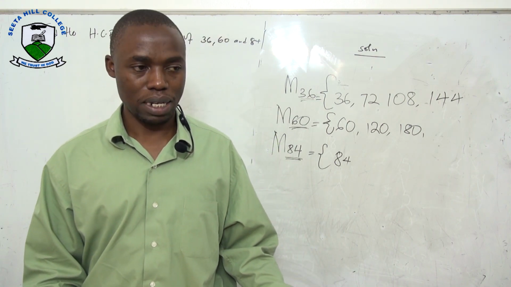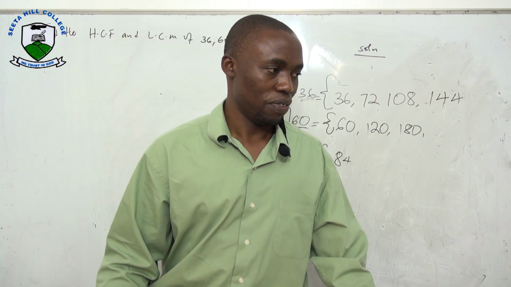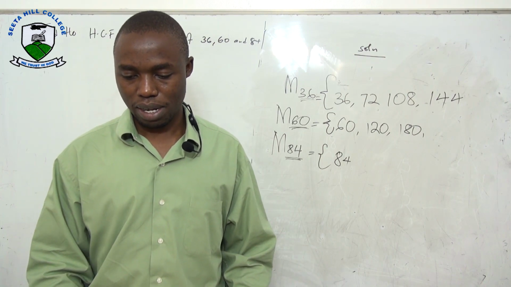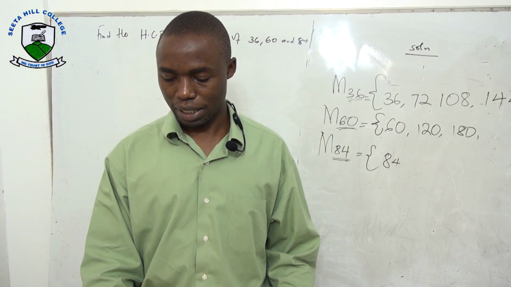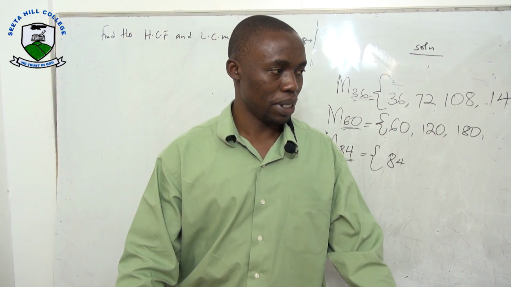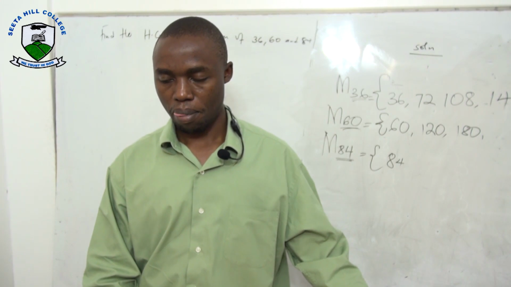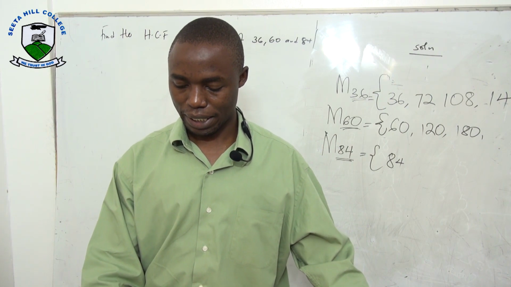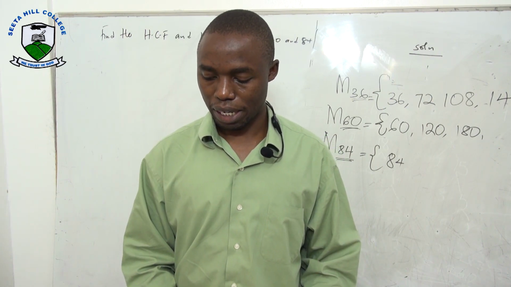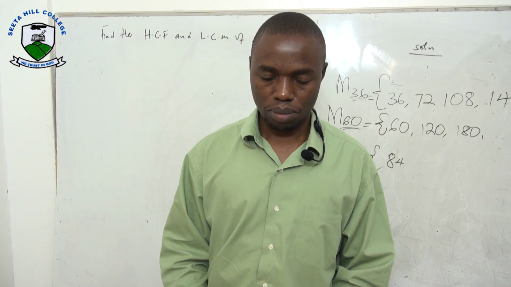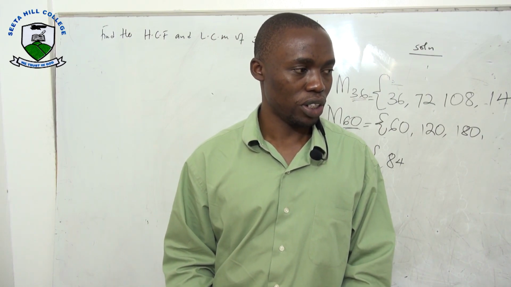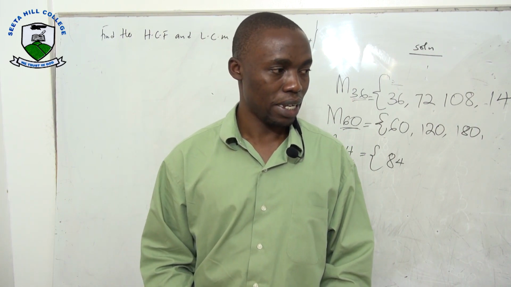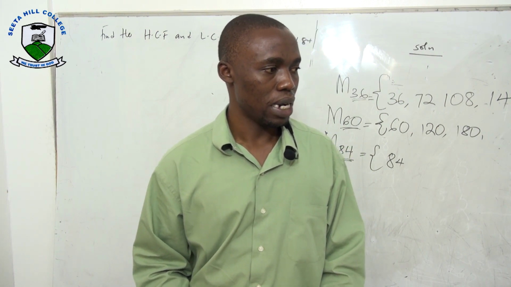3 pieces of timber, of length 166 meters, 288 meters, and 360 meters are to be cut into smaller pieces of the same length.